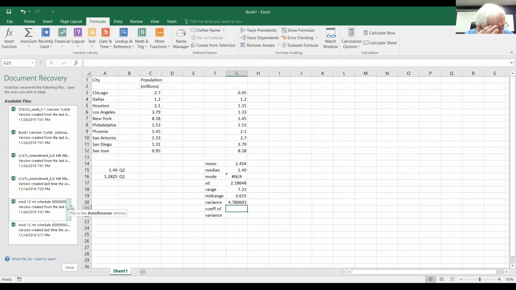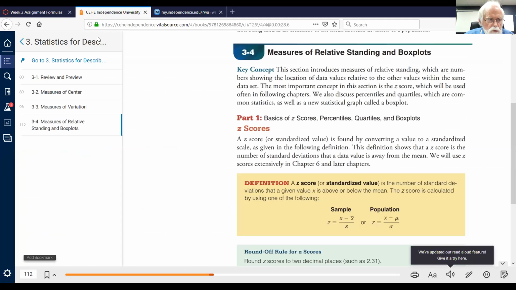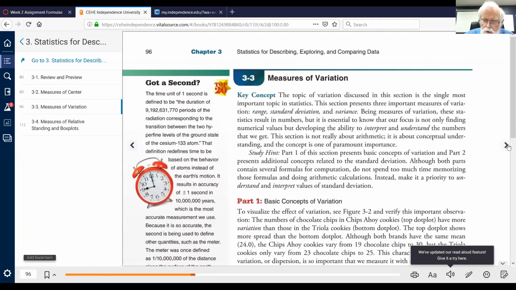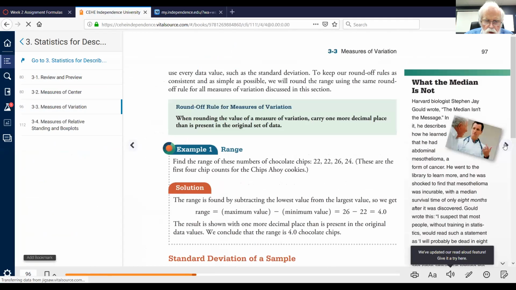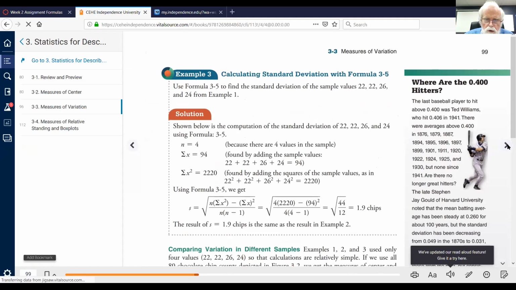Yeah, it's the ratio of the standard deviation to the mean, I do believe. Let's go back to our textbook. We'll go over here to the textbook and look at measures of variation, and once again get that definition.